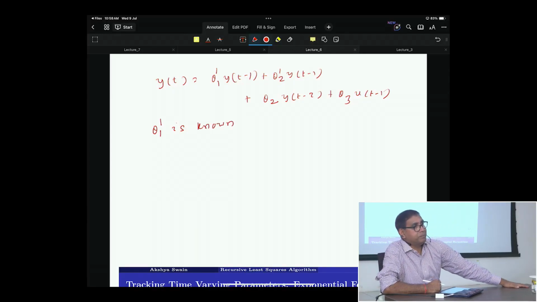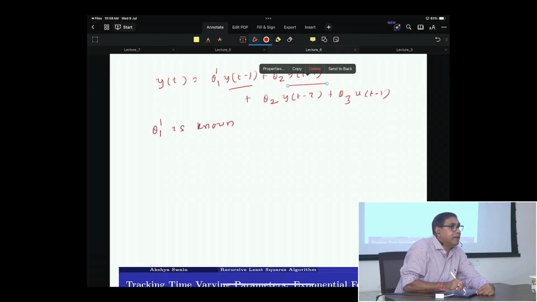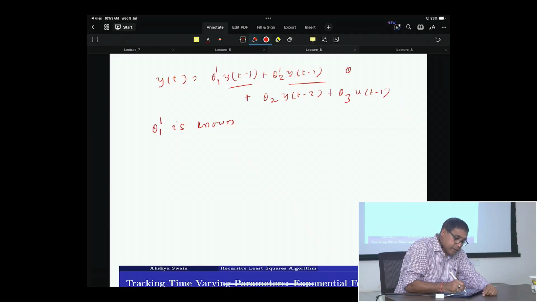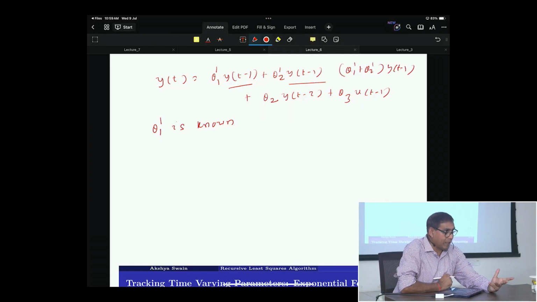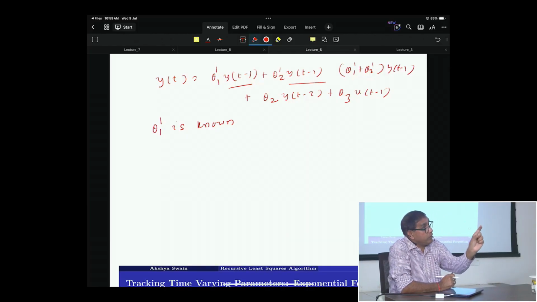Now, this is yt minus 1, this is yt minus 1, right? In the yt minus 1 term, the theta 1 dat component is known, while theta 2 is not known.